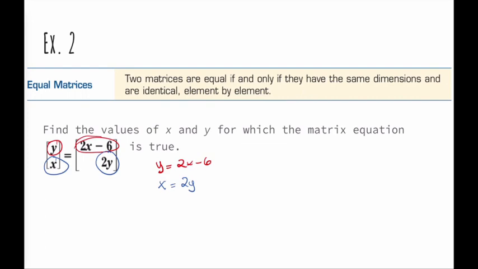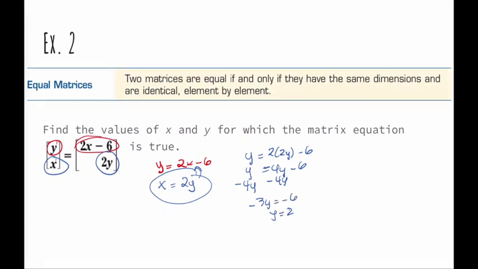Hey, it's a system of equations we can solve, right? Can solve this one by substitution. Take this, plug this in here. Y equals 2 times 2y minus 6, which is 4y minus 6. Minus 4y from both sides. Negative 3y equals negative 6. Y equals 2.